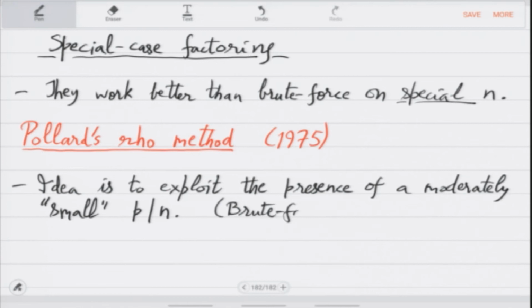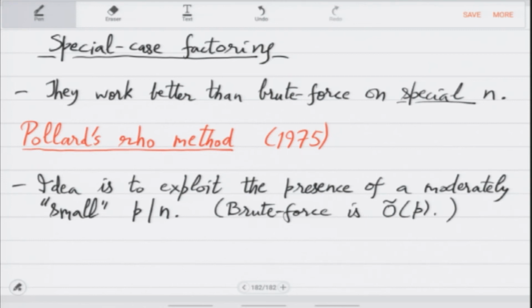So brute force would have been O tilde p, right? You want to do better than that. So this is a clever algorithm. It will achieve square root p.